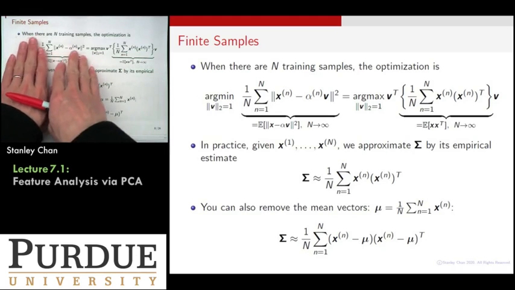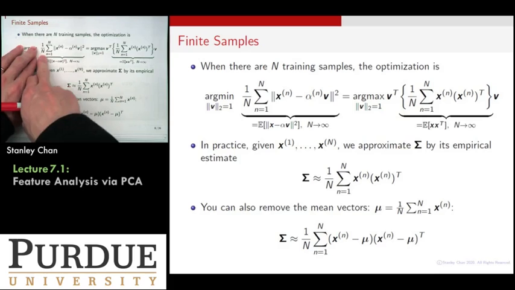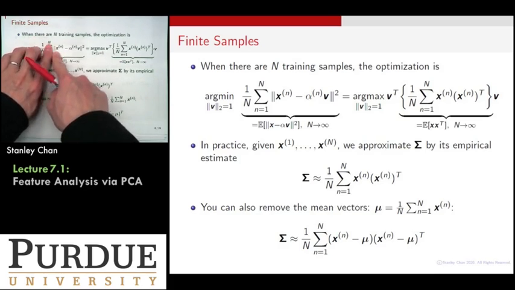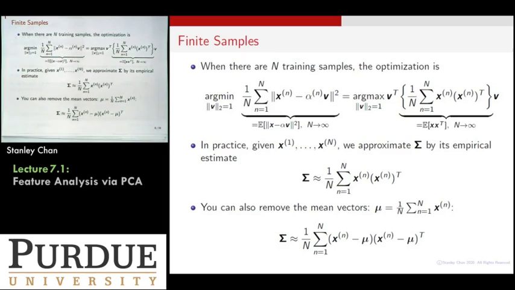On the right-hand side, you have this summation of n going from 1 to capital N. This is the number of training samples that you have in the data set. And this 2 norm square measures the distance between your data point and also your vector.